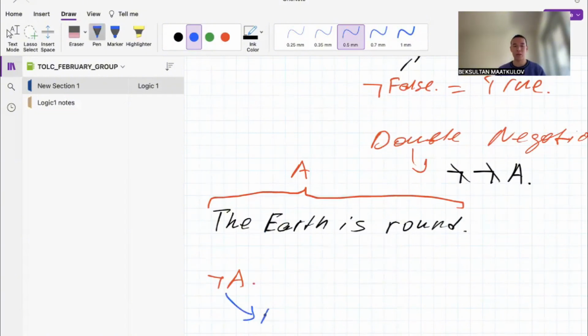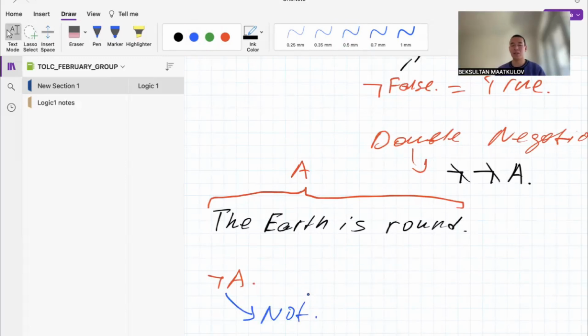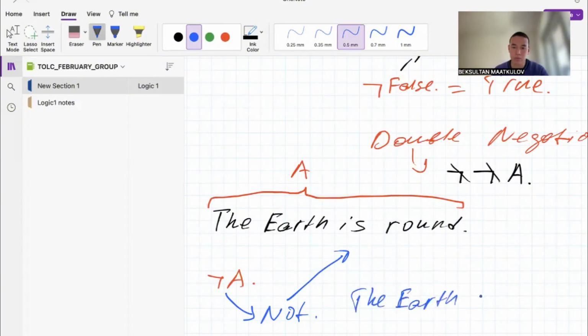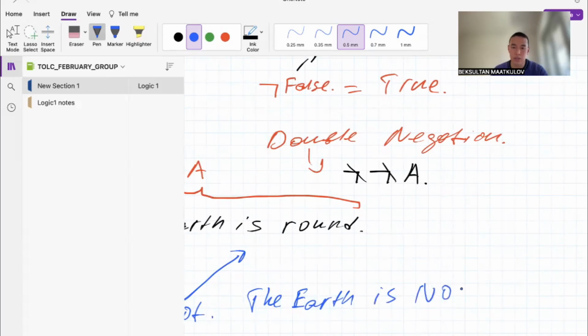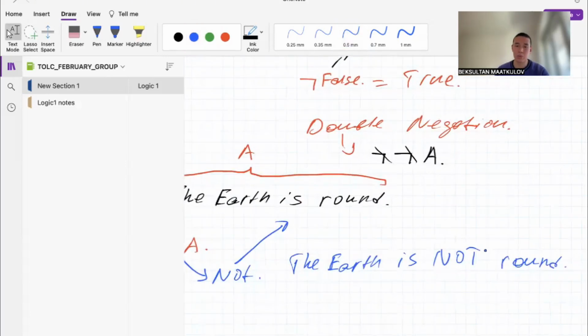How can you contribute not? The earth is flat, like. Okay, you can write the earth is flat, but you can also write the earth is not round. Basically you need to contribute this not into our statement. So you'll have the earth is not round, right? And not round, you can then replace as flat, but we don't do it for now.